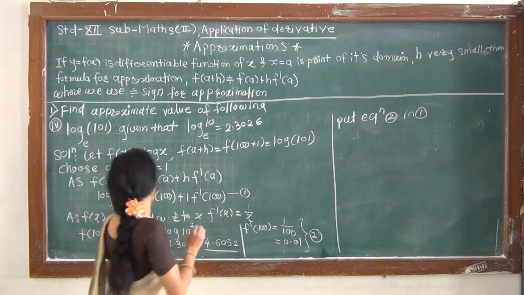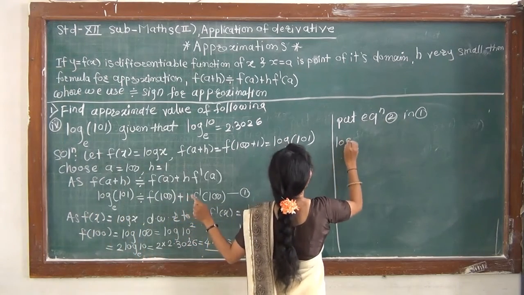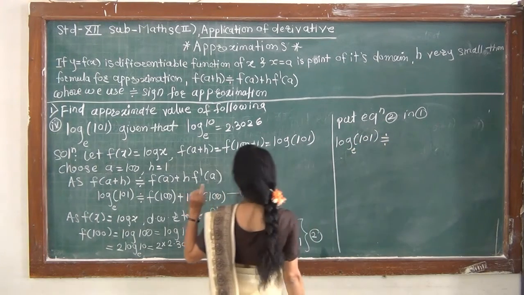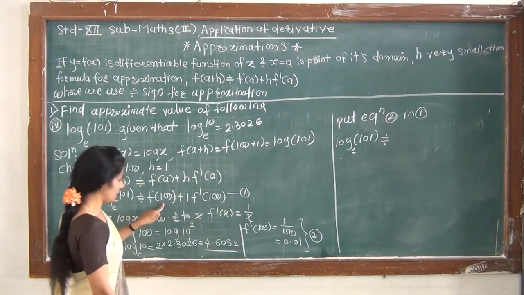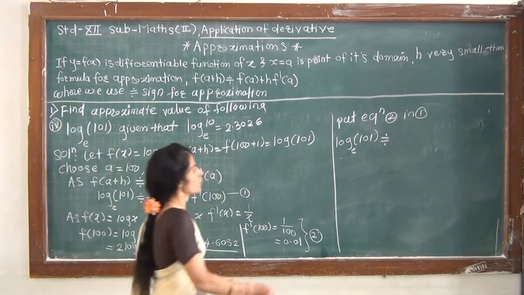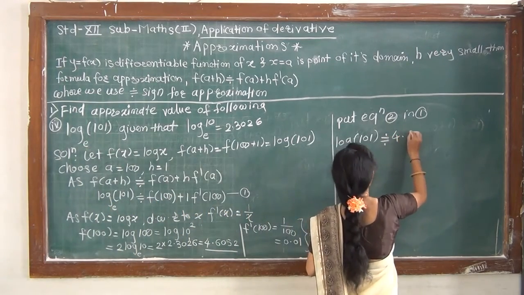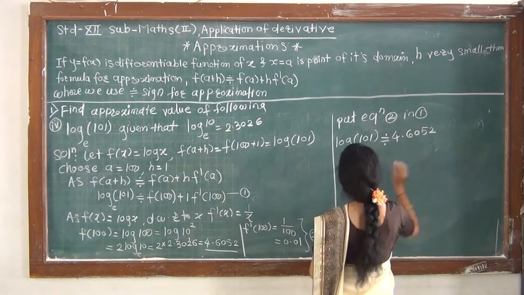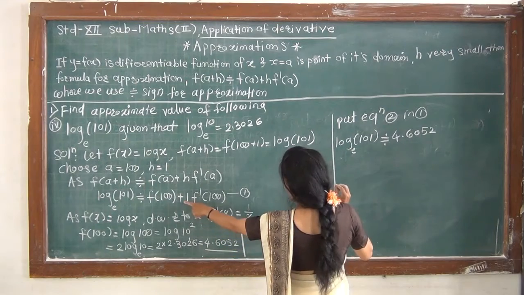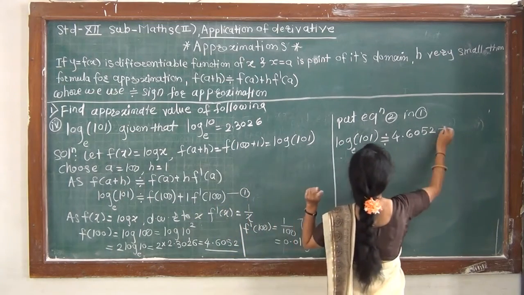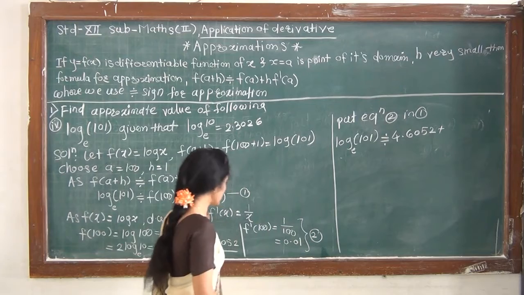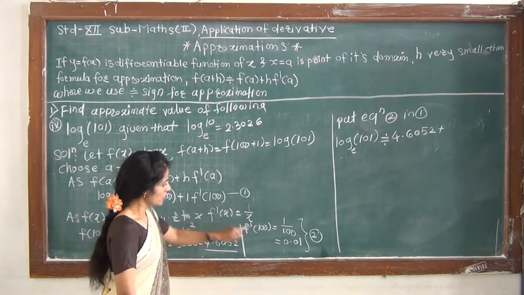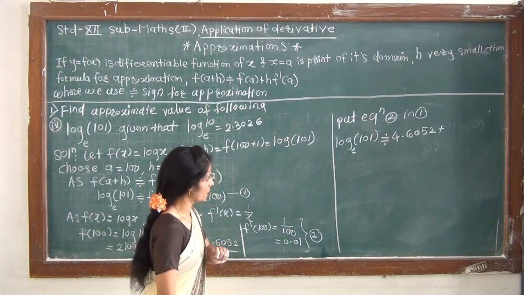So equation 1 starts with log of 101 to the base e is approximately equal to f of 100, which is 4.6052, plus 1, which is h, and 1 into anything remains as it is, into f dash of 100, which is 0.01.